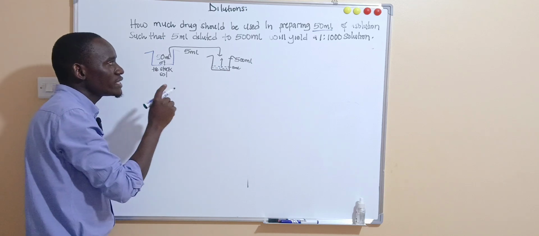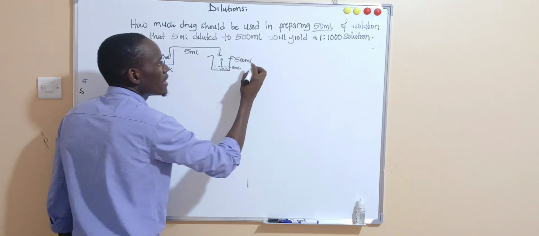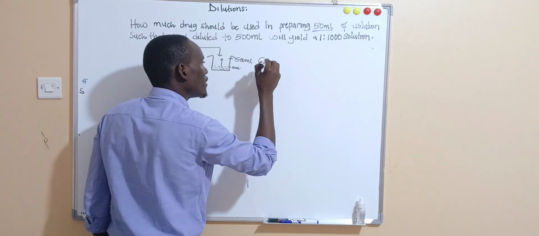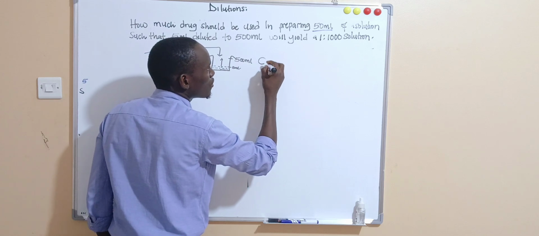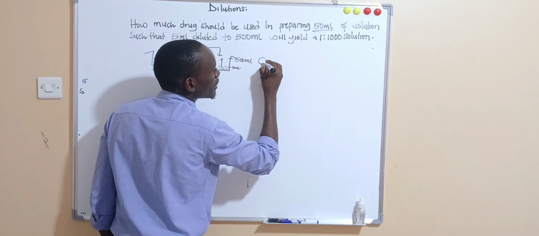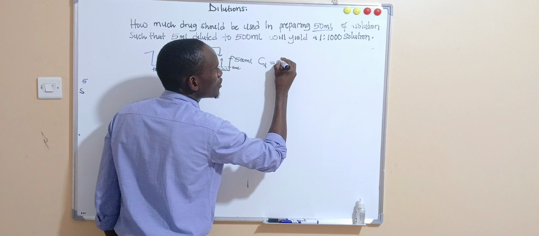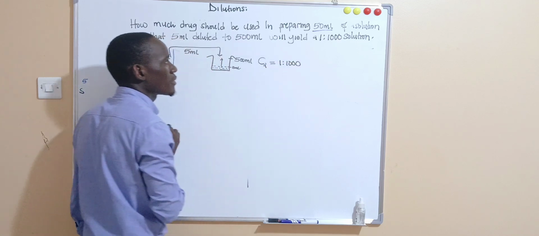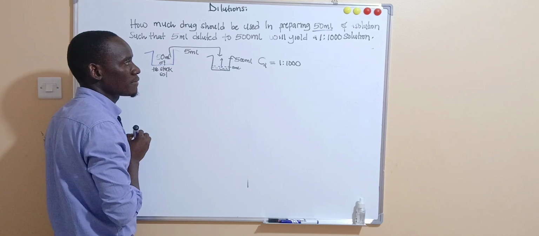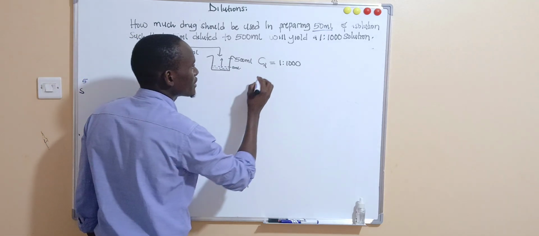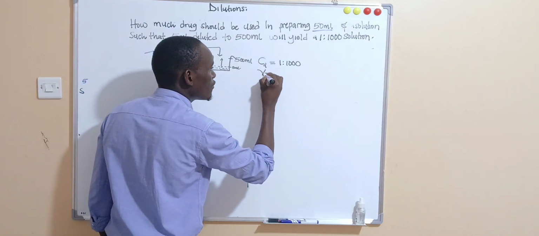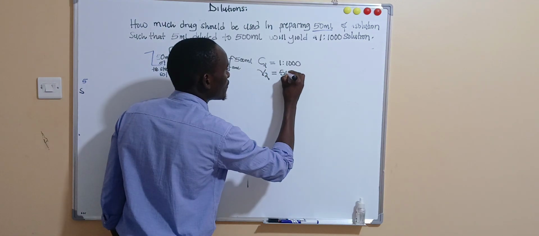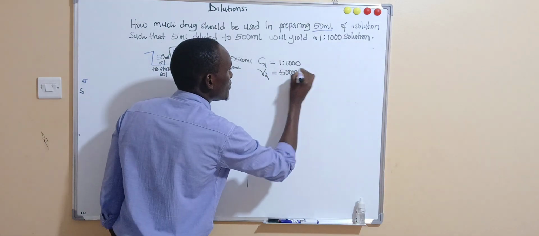And after diluting it to this volume, the concentration of the final solution was 1 to 1000. That means that also our volume V2 is 500 ml.